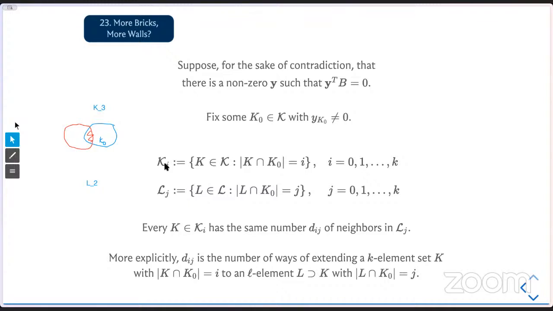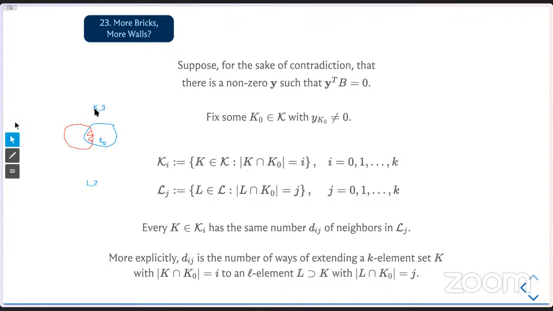L2 is all of these sets with L elements that overlap with K0 in 2 elements, but now L also has to be a superset of K. So do I have any neighbors in L2? So remember, I'm counting.